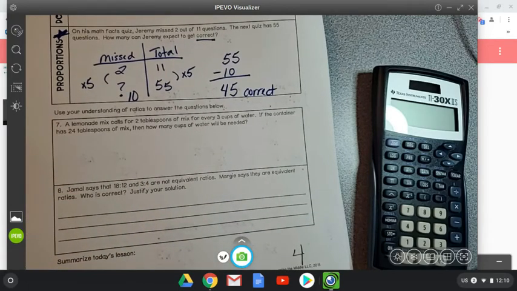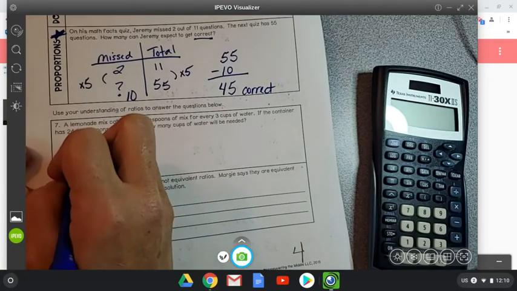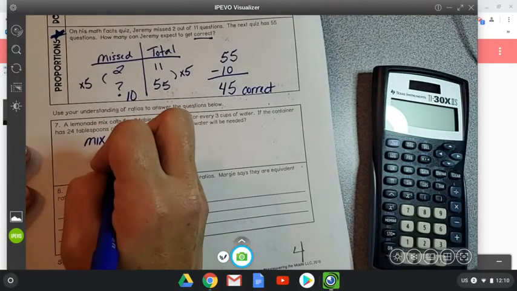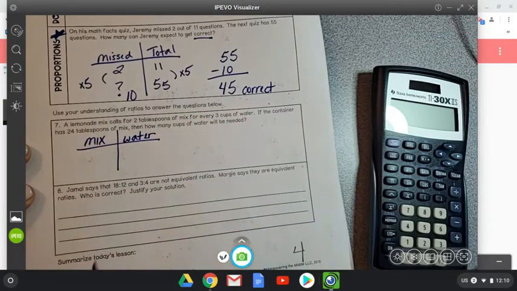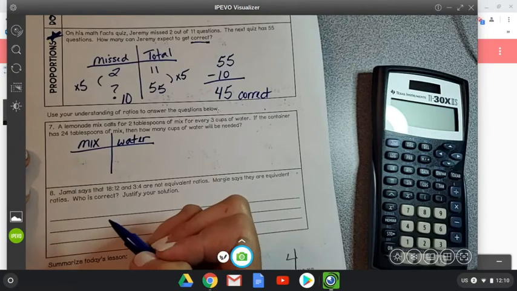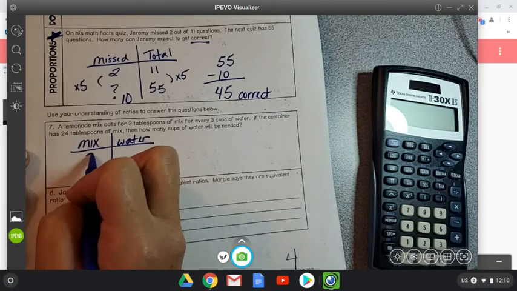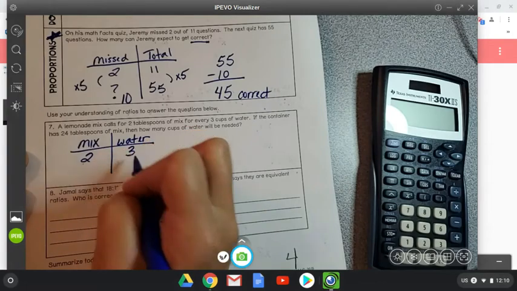All right. A lemonade mix calls for 2 tablespoons of mix for every 3 cups of water. So now we have mix and water. If the container has 24 tablespoons of mix, then how many cups of water will be needed? So I have 2 tablespoons of mix and 3 cups of water.